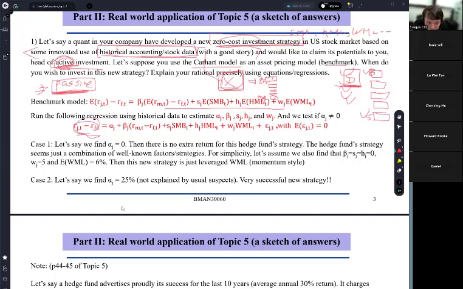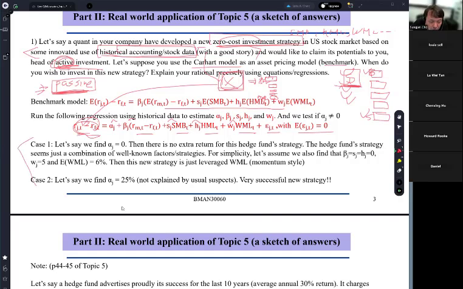So we have the excess returns from implementing this zero cost strategy, and we have the market excess return, SMB return, HML return, and winner minus loser return. Using regression, we estimate alpha, beta, S, H, and the winner-minus-loser loading. We allow some error every period, but on average the error should be equal to 0, right?